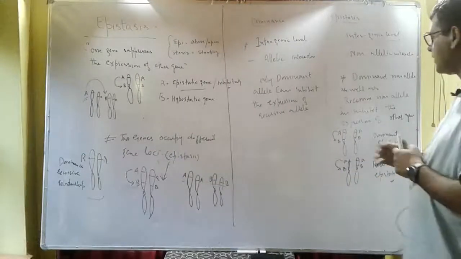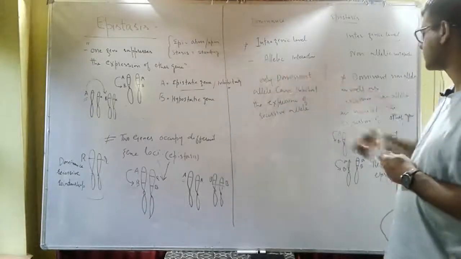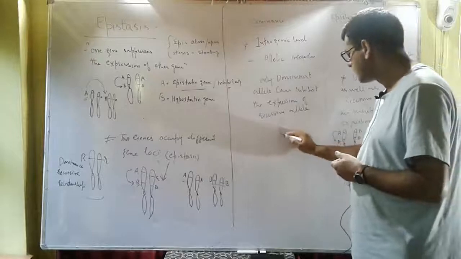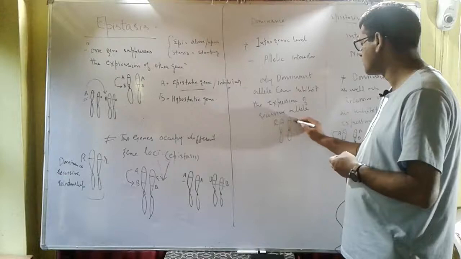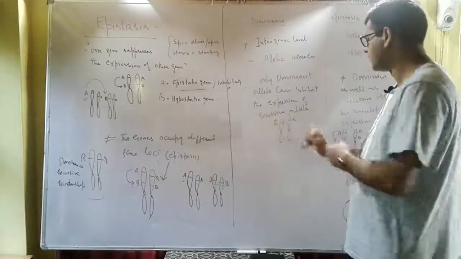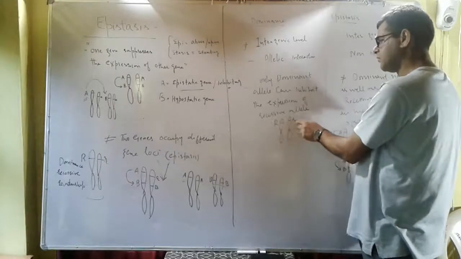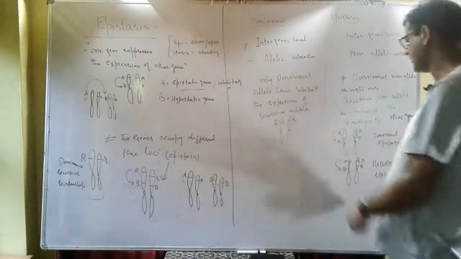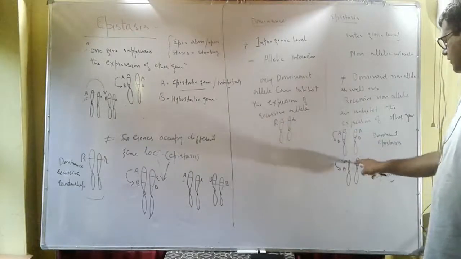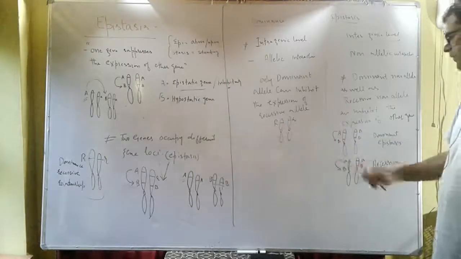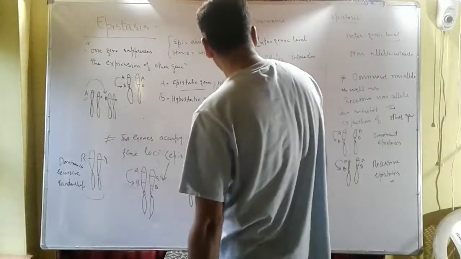In case of dominance-recessive relationship, only the dominant allele, capital R, can inhibit the expression of small r. Small r cannot inhibit the expression of capital R. But in case of epistasis, the dominant allele as well as the recessive allele can inhibit the expression of the other gene. So this was regarding the difference.